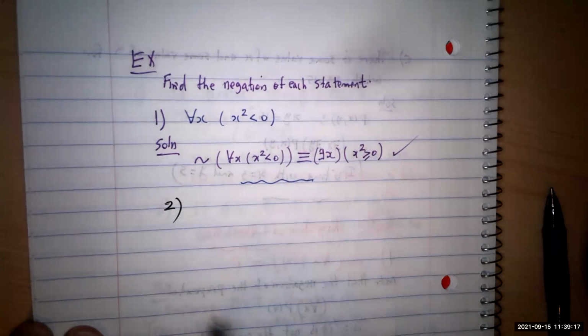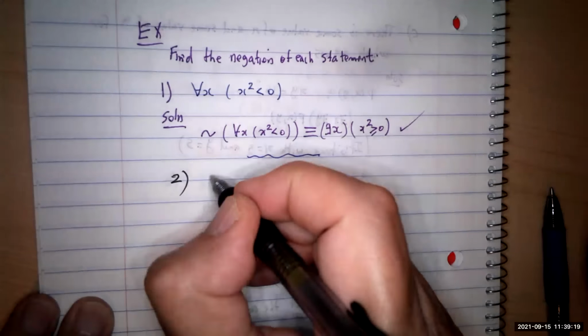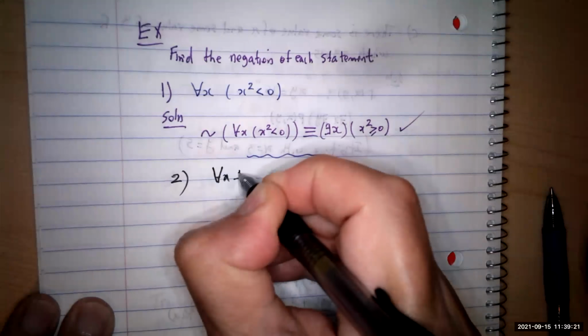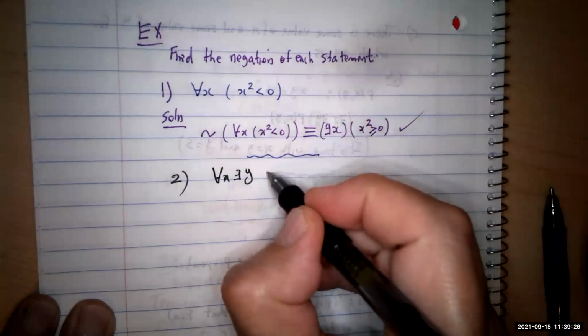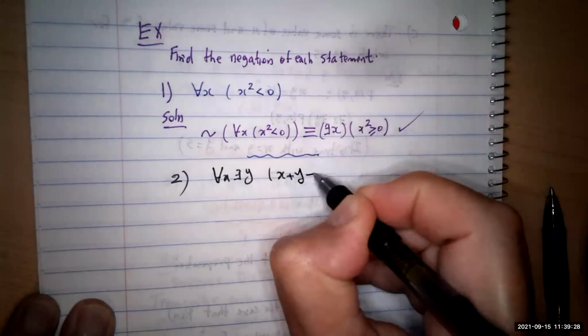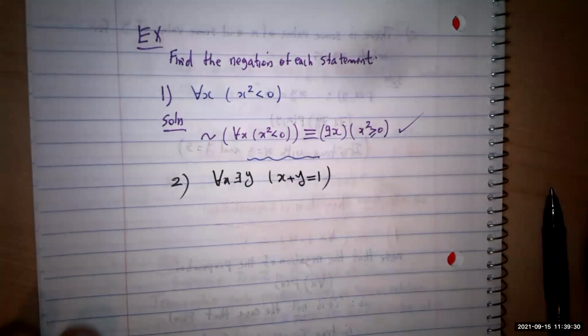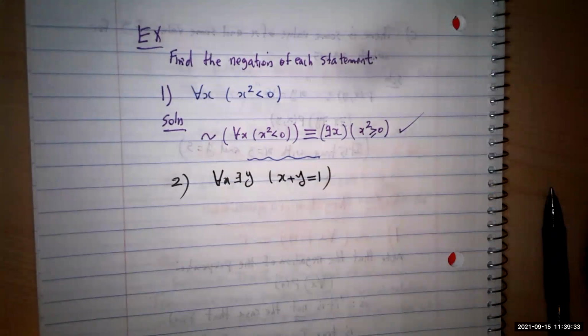Okay, let me give you another one, something with two variables. We want to negate this one: for all x, there is a y such that x plus y is equal to 1. You want to find the negation of this statement.